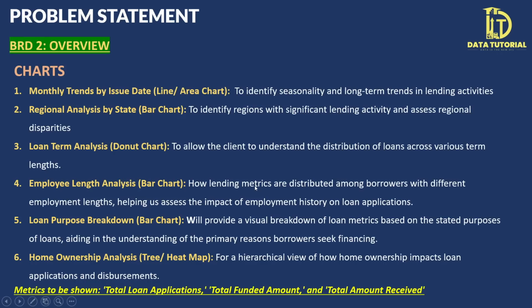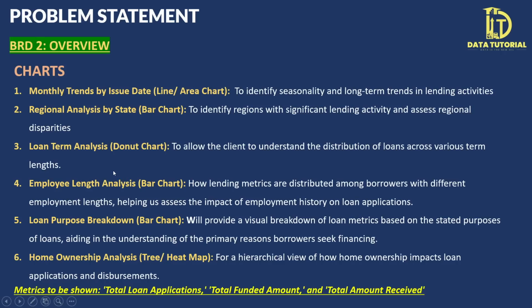Based on that, we are going to find out the monthly trend by issue date, using a line chart or area chart, to identify the long term trends for lending activities. The metrics shown will be total loan applications, total funded amount, and total amount received. So these three metrics will be used to create these charts, right?